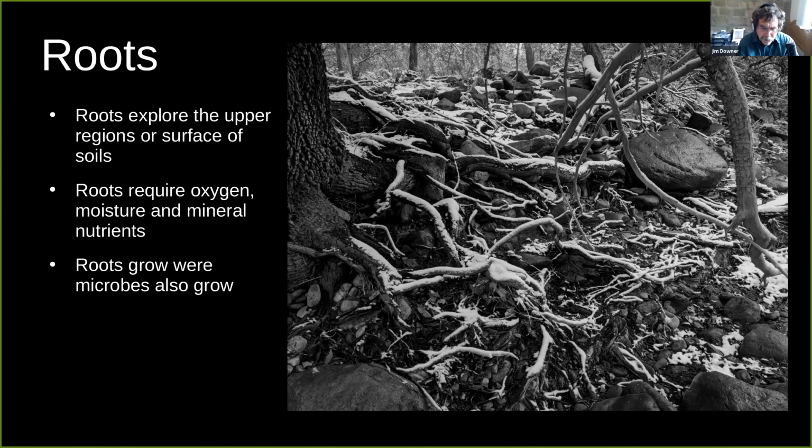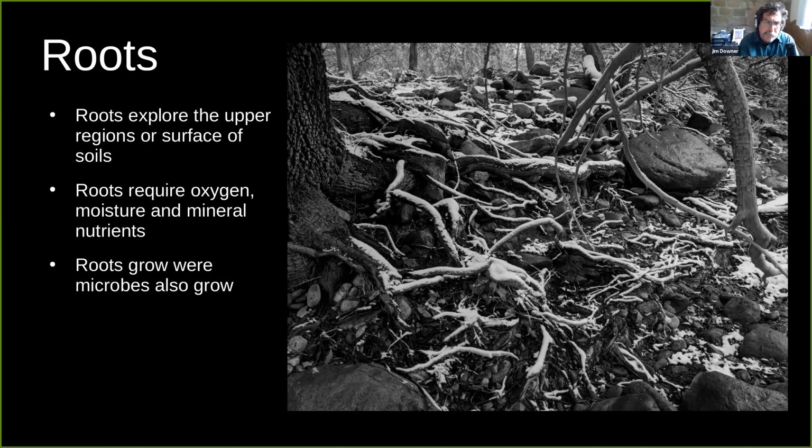So roots also grow where microbes grow. And roots are largely reliant on microbial processes in soil for their own health. We'll talk more about that in the last webinar, not so much in this one, but the favorable conditions for root growth are very often the favorable conditions for microbial growth.